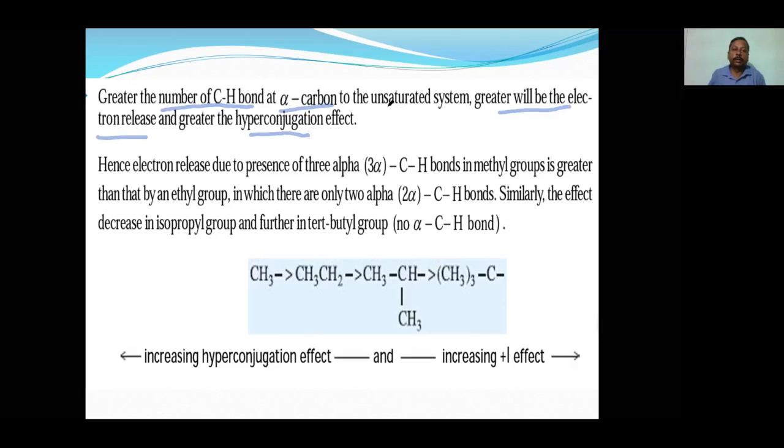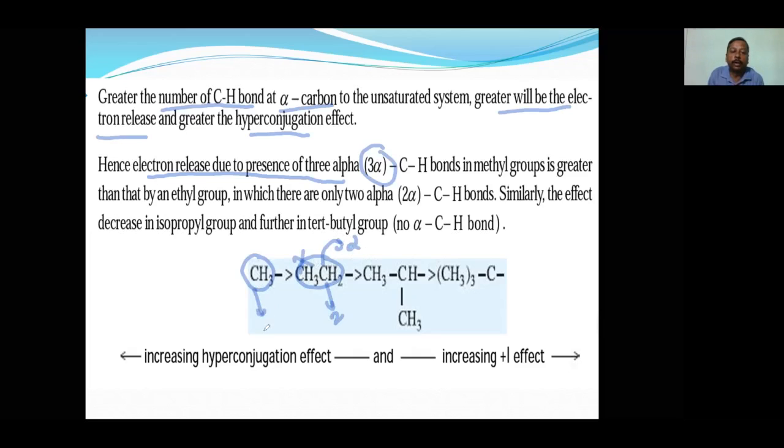Greater hyperconjugation, greater delocalization, greater will be stability. Hence, electron release due to the presence of 3 alpha hydrogens in the methyl group is greater. See here, 3 alpha hydrogens are there. People think that in ethyl, more hydrogens are there, so more hyperconjugation. No, you should consider only alpha carbon. Don't consider this.